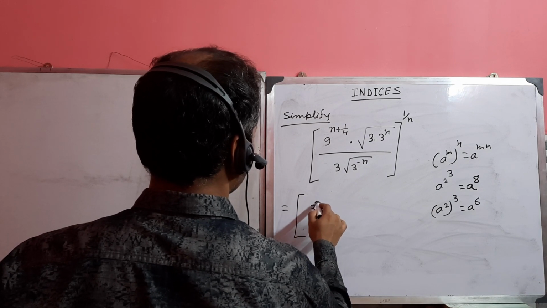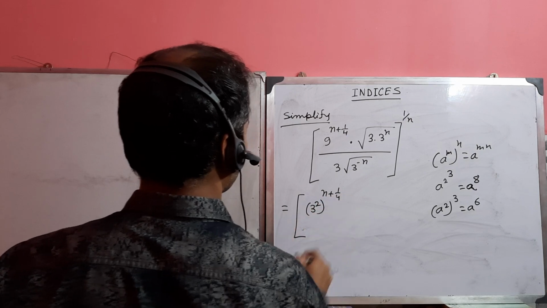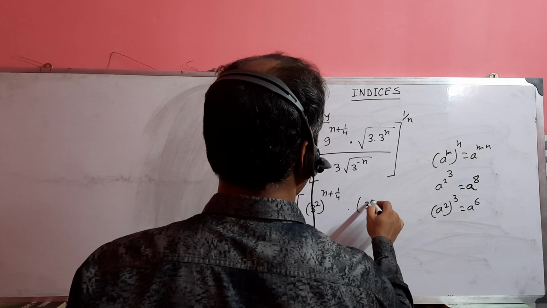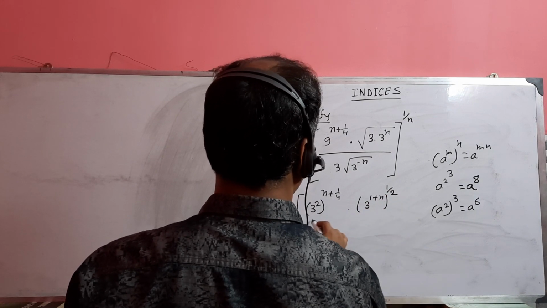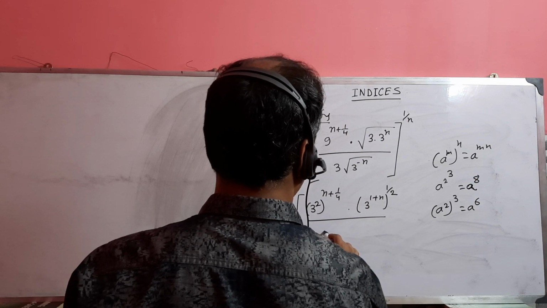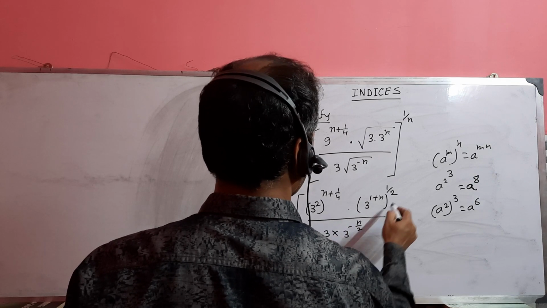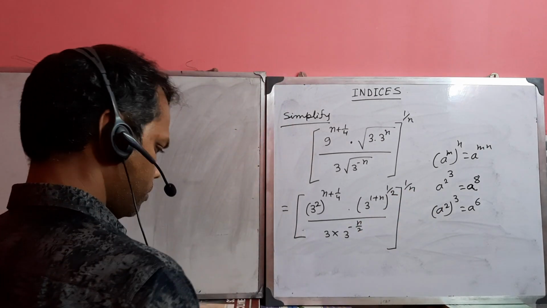Now this sum: 9 can be written as 3 square, whole to the power n plus 1 by 4, into 3 to the power 1 plus n, whole to the power half, by 3 into 3 to the power minus n by 2, whole to the power 1 by n.